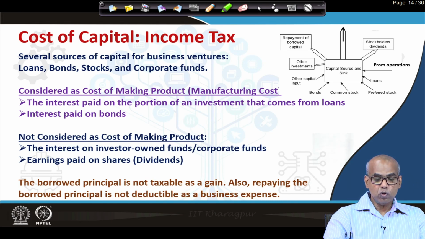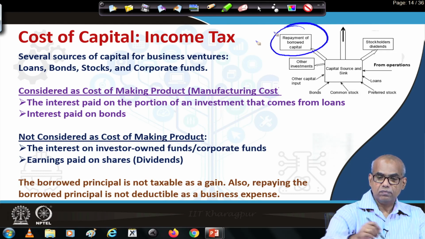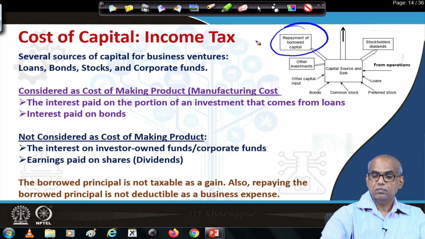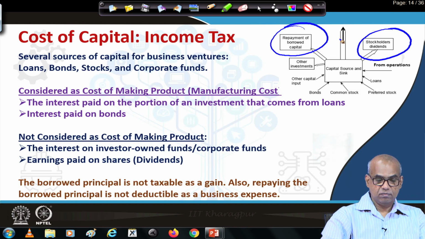So, the way the borrowed principal is not considered as gain, so it is not taxable, similarly, repaying the borrowed principal is not deductible as a business expense. So, these are outflows, but not deductible as business expense.